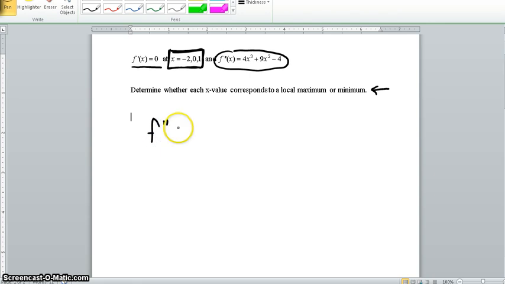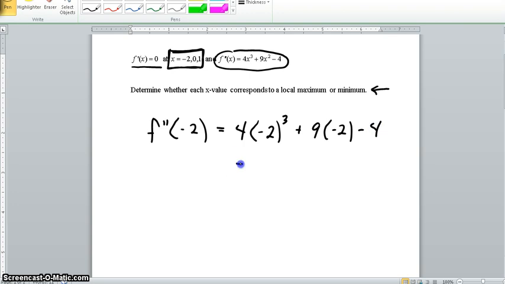So if we plug -2 into the second derivative and work that out, it looks like we get 0.